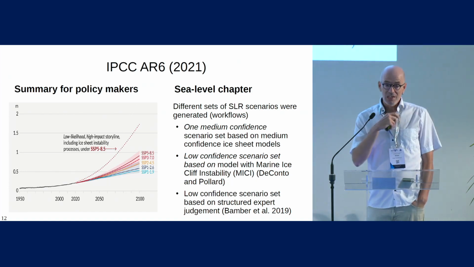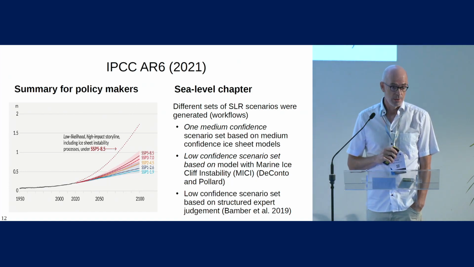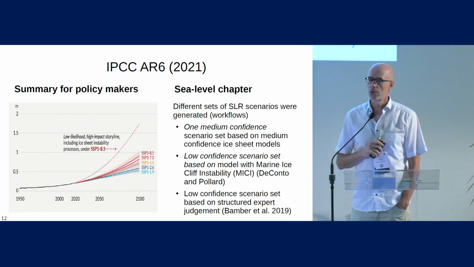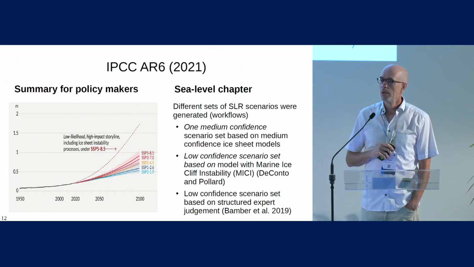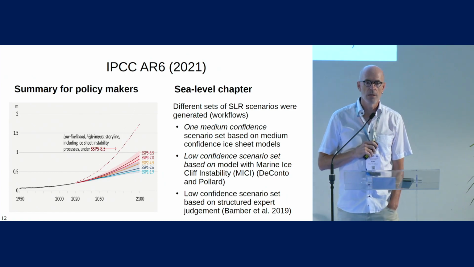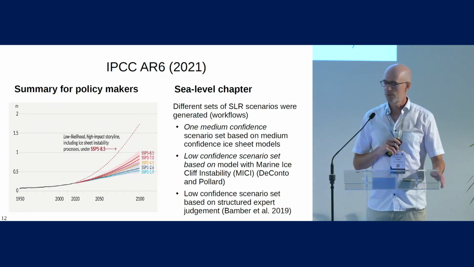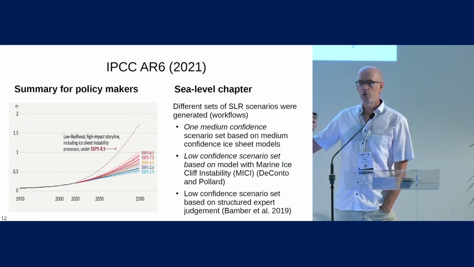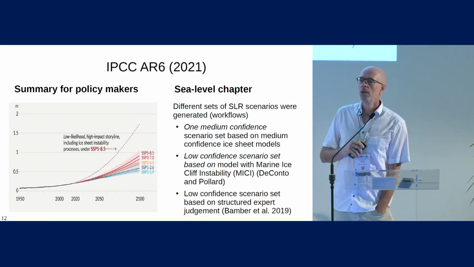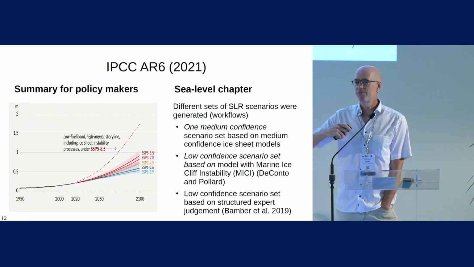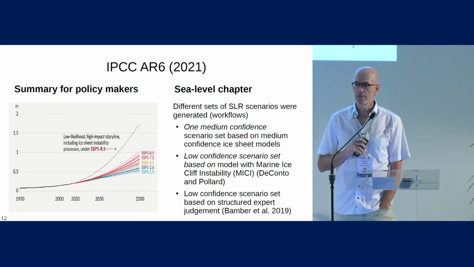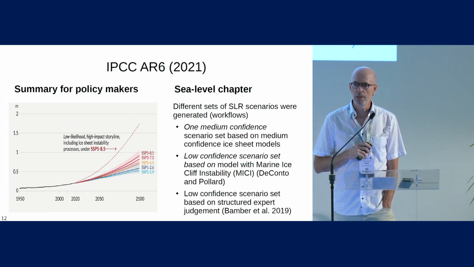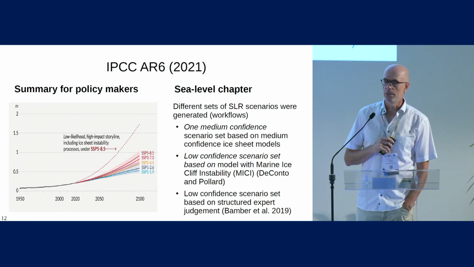But anyway, we've got different sets of scenarios, low confidence scenarios that address the ice sheet contribution by, for example, the expert elicitation by Bamber et al. 2019. And we also have the DeConto and Pollard model being part of another set of low confidence projections. That includes the MICI, the marine ice cliff instability.